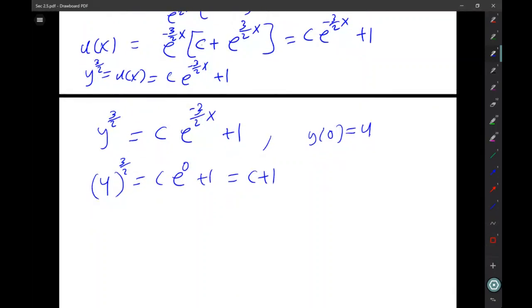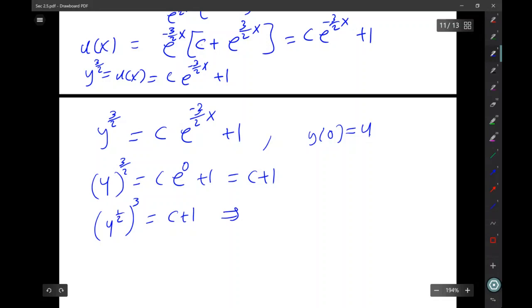Now 4 to the power half, to the power 3, is equal to c plus 1, which implies 4 to the power half is 2, so 2 to the power 3 is equal to c plus 1. That means 8 is equal to c plus 1, where c is equal to 7.